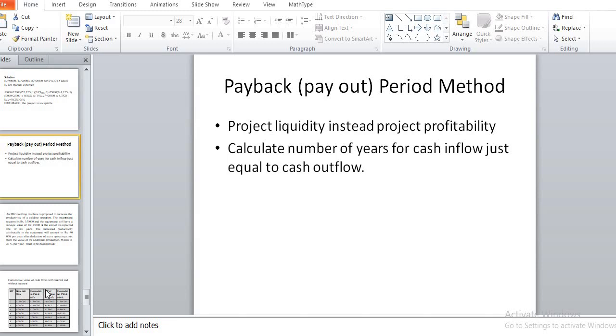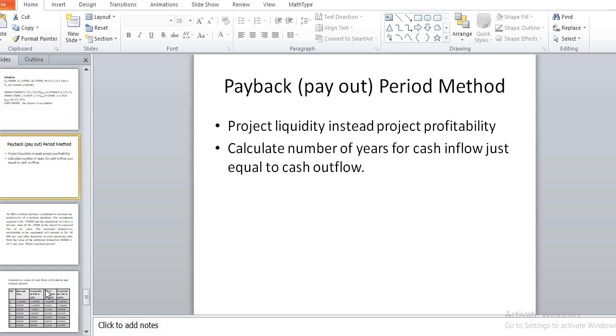Suppose the old tube light consumes electricity costing 100 rupees per month, and the LED consumes 90 rupees per month. So by replacing the tube light with the LED bulb, there is a 10 rupees saving.